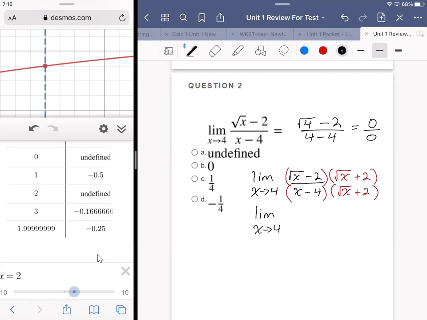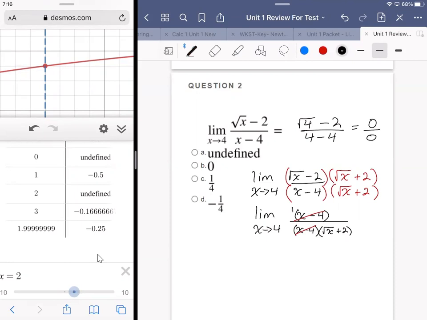When you distribute out the top, rad x times rad x is going to give you an x. The outers and inners are going to cancel, leaving you with a minus 4 when you multiply the negative 2 by the positive 2, which is beautiful because I have an x minus 4 on the bottom that's just dying to be canceled away. So boom, boom.